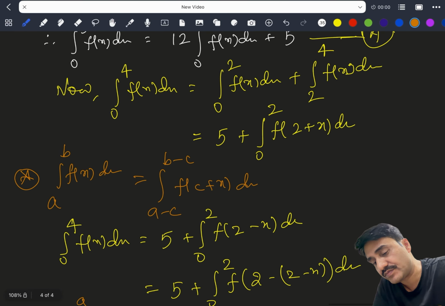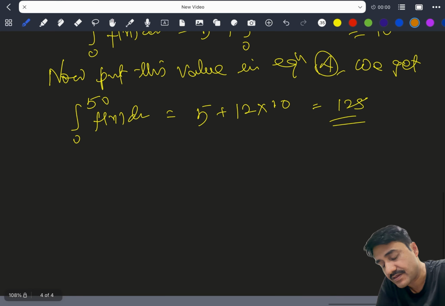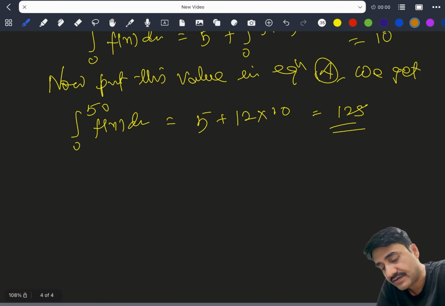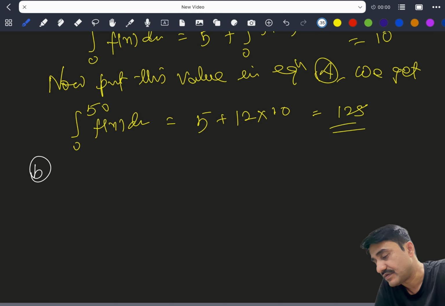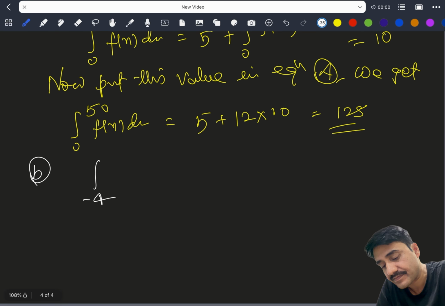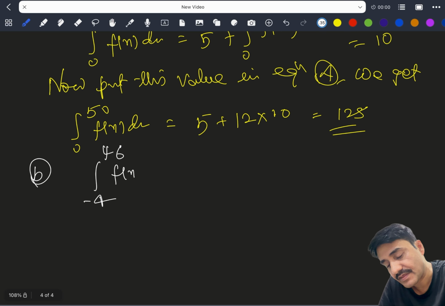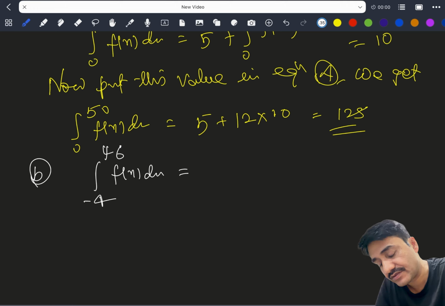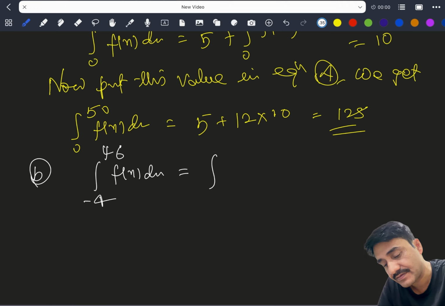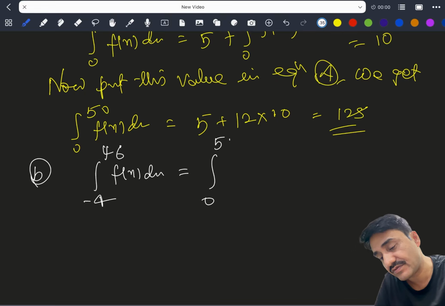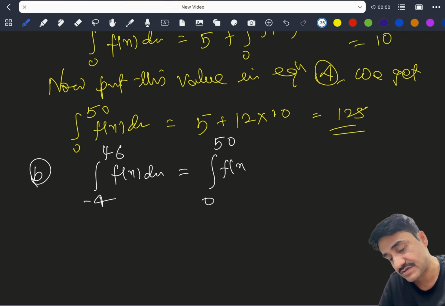For option B, integration minus 4 to 46. This we can write: what we have to do is add here, so the lower limit will be 0 and the upper limit will be 50, and when you add, then here we have to subtract, understood?